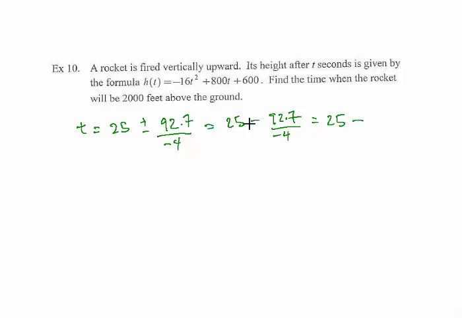So we go with the minus, and we get a plus 92.7 divided by 4 is approximately 23.1, and so that gives us 48.1 for our time.